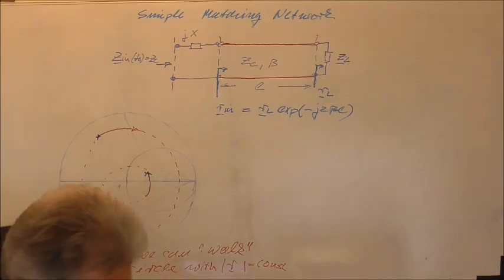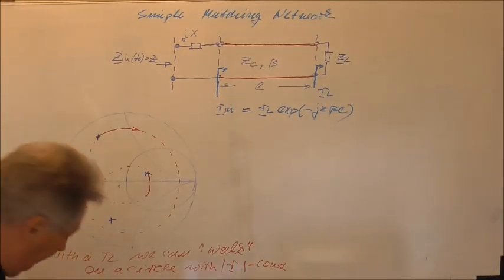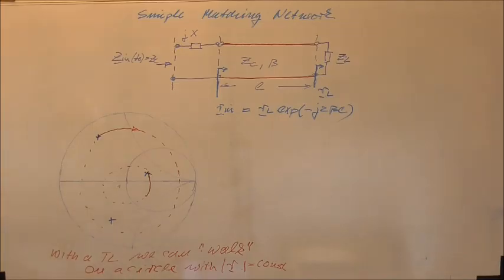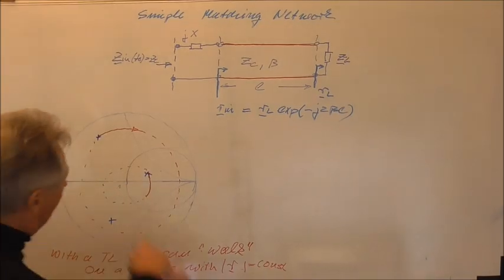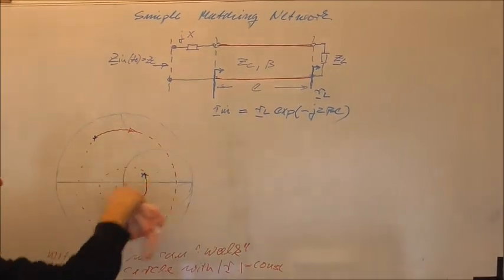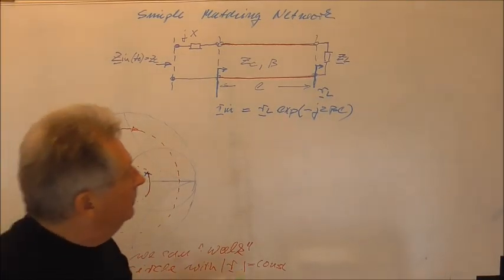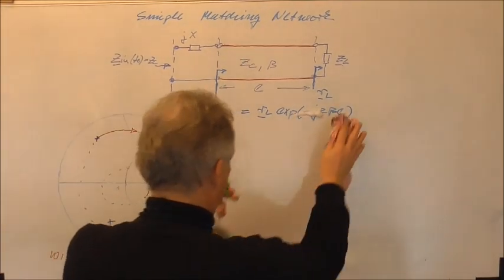Then I delete this here again. Well, of course, you see, with the help of only the transmission line, you can never come into the matching point. So we need a further element.